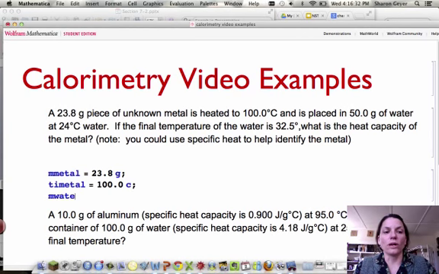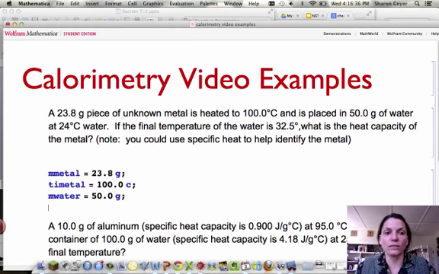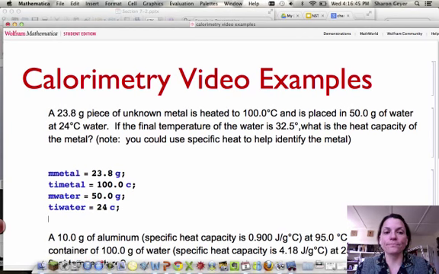We know the mass of the water is 50 grams. Please pay attention to sig figs here. We know that the initial temperature of the water is 24 degrees Celsius, so 24 C. We know the final temperature. Now, the final temperature, remember, is for both the water and the metal because they come to thermal equilibrium. So that's 32.5 degrees Celsius.